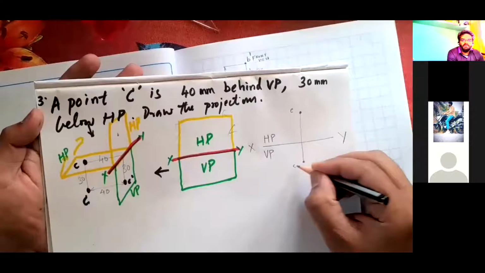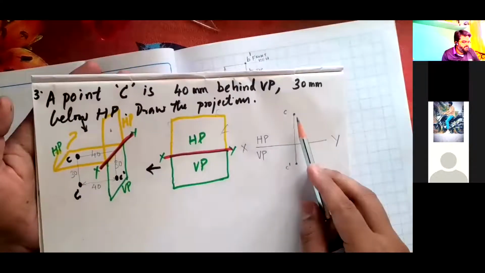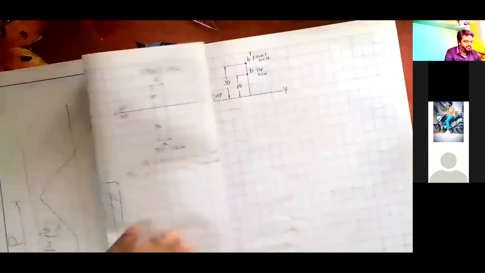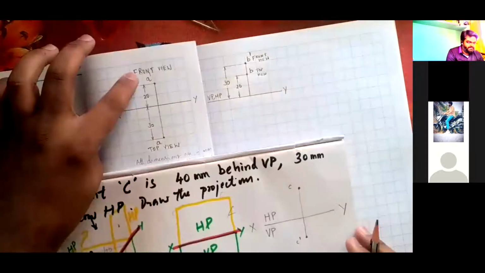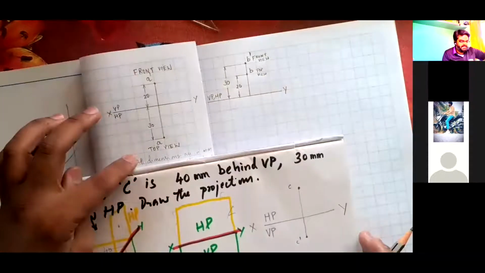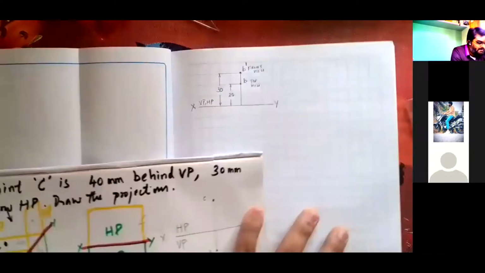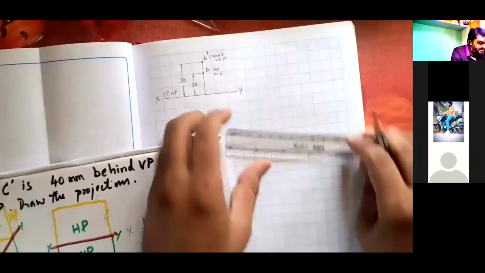Top view will be above and front view will be below, whereas in the first quadrant, front view will be above and top view will be below. This is the major difference. So the final answer, how to draw it: draw the XY line somewhere here.